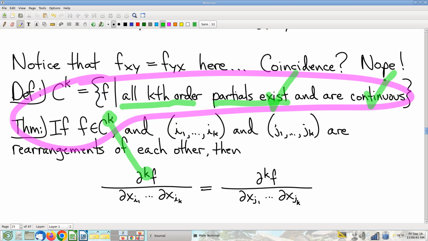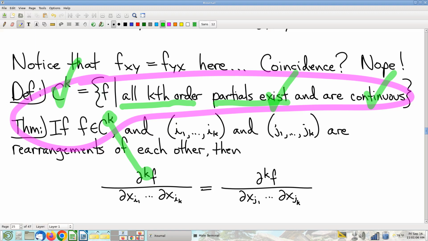So if you're talking about taking, is the xy and yx, are those the same? Well, then you would need for not only the first partials, but also all of the second partials, all to exist and all to be continuous. That's what we call a C2 function, or in general a CK function.